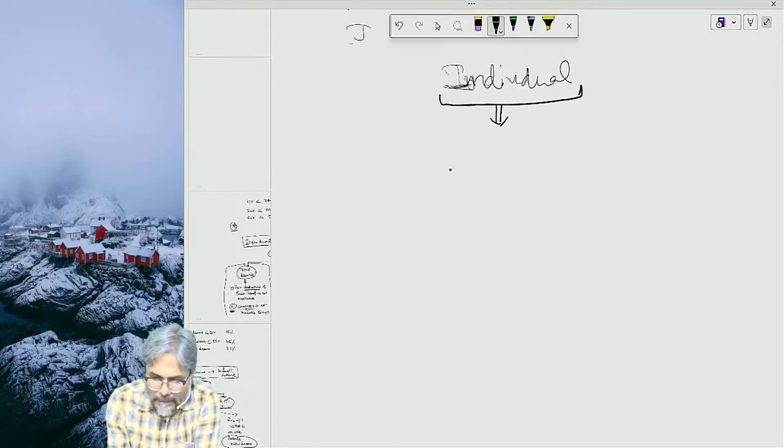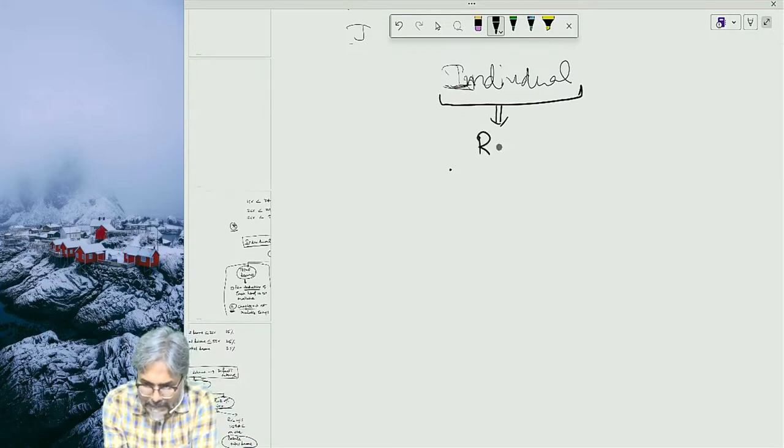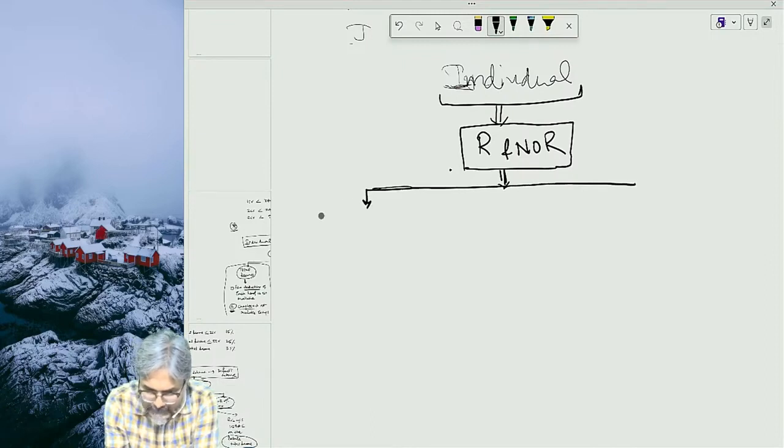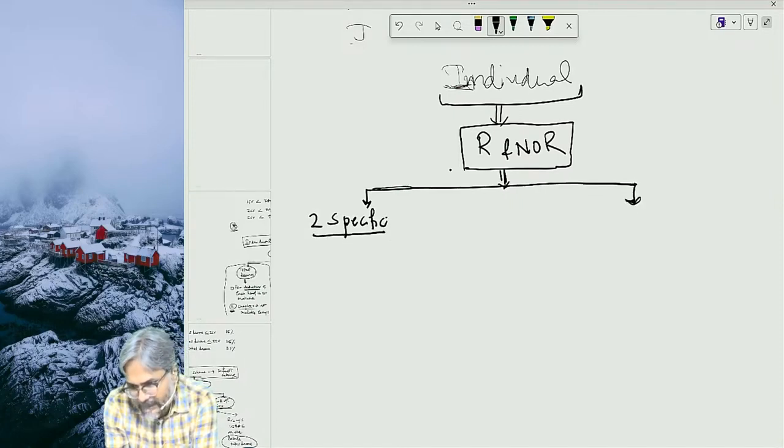An individual is a resident but not ordinary resident. In which case? There are two specific cases, and in all the other cases.